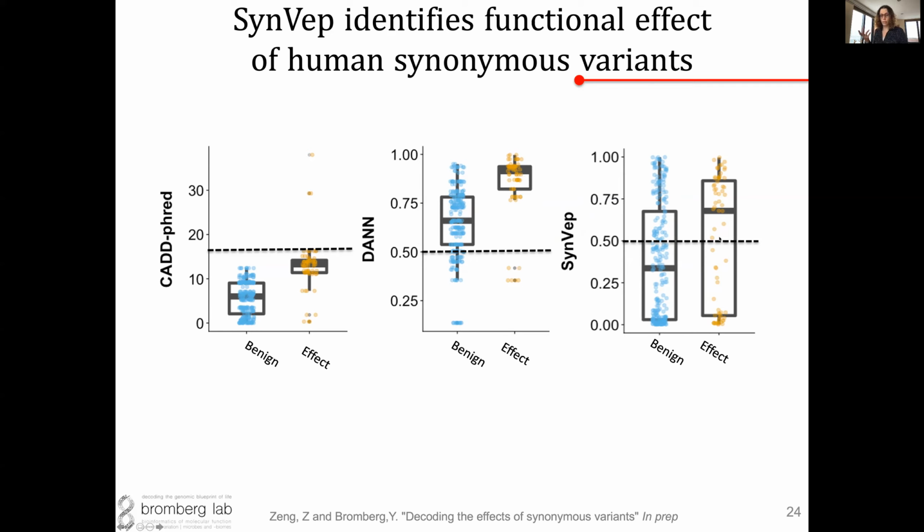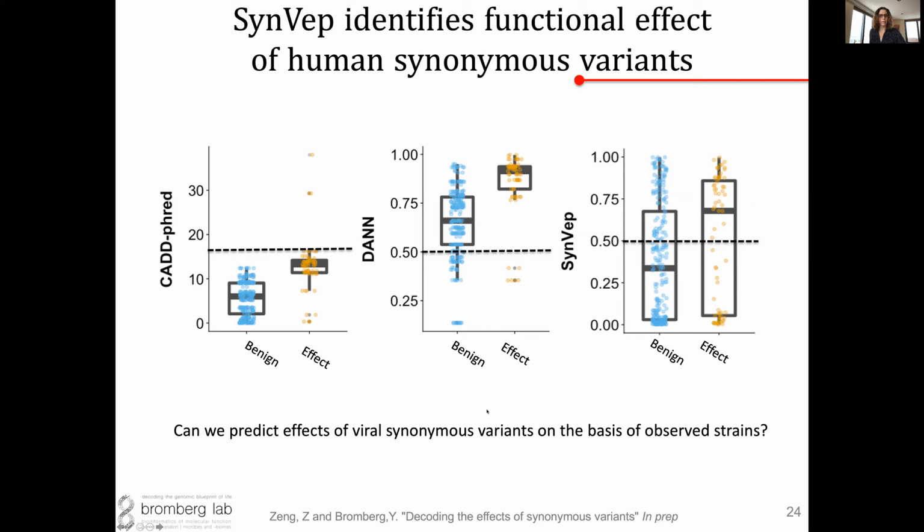So there is no experimentally available data, or not enough experimentally determined data, of the effect of synonymous variants. So what we did is we just used observed versus non-observed variation. And we can do that for new viruses as well. So the question here is, can we predict effects of viral synonymous variants on the basis of the things that we observed, or the observed strains?